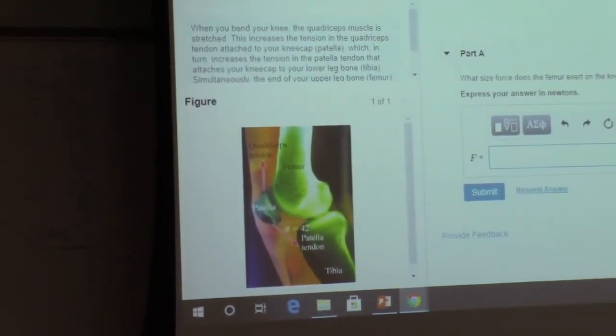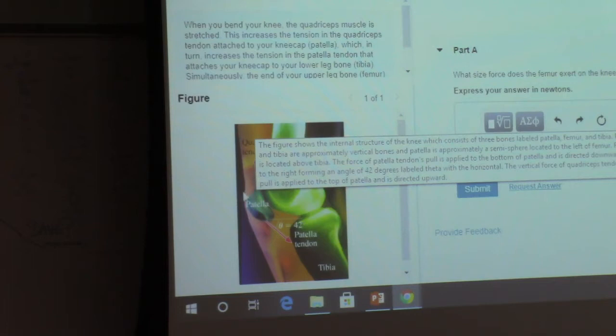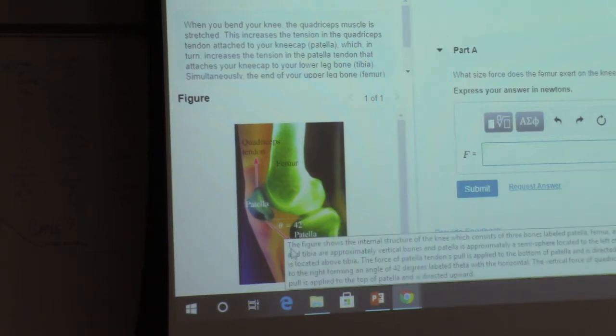So you can imagine yourself doing that. This increases the tension in the quadriceps tendon, which is the tendon right here, attached to the kneecap, which is the patella. Which in turn increases the tension in the patella tendon that attaches your kneecap to your lower leg bone. And that's right here, this patella tendon.